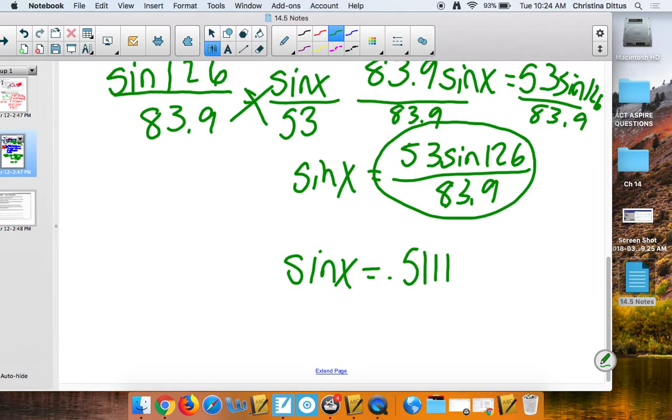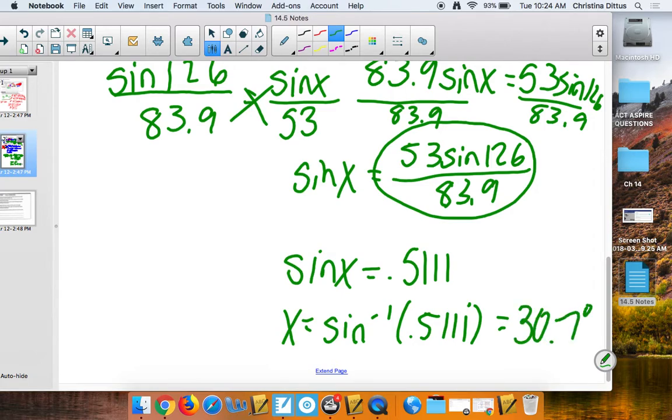Inverse sine. Inverse, because I'm looking for an angle. So if I take the inverse sine of 0.5111, what do I get? 30.7387. 30.7 degrees. I don't know. Do you think that's faster than cosine? Maybe not. A little bit different. Spice it up.